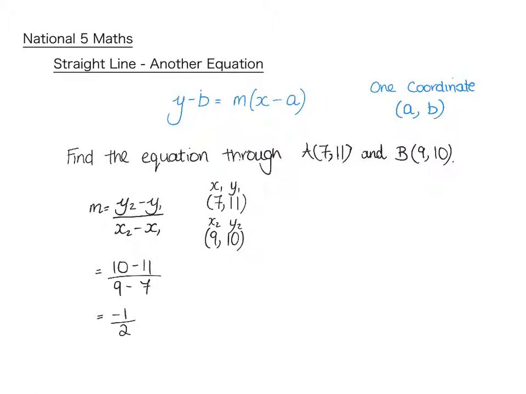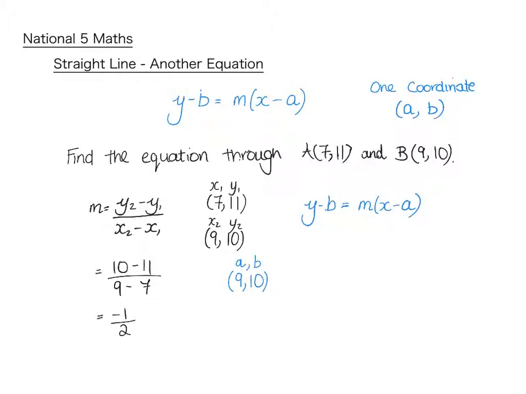So using our new formula, y minus b is equal to m(x minus a), we can pick any of the coordinates to be our a and b, it doesn't actually matter. In this case, let's go with 9 and 10, and that becomes our a and our b.